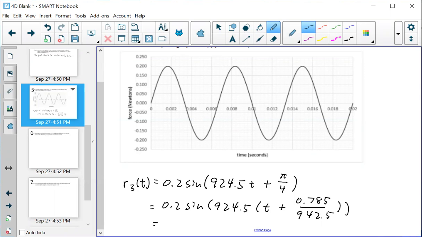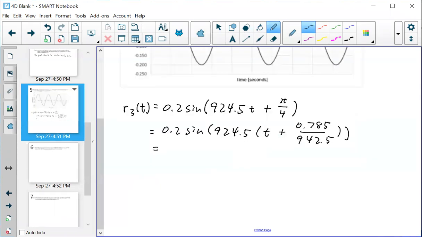So that would be equal to 0.2 times the sine of 942.5 times the quantity t plus 0.0008.